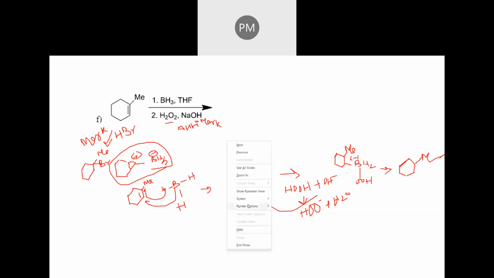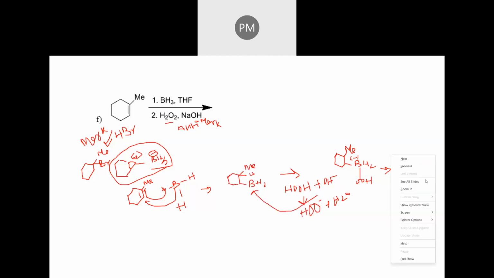So this will be our product. In anti-Markovnikov addition, our hydrogen will be attached to the more substituted site, and our OH will be attached to the less substituted site.